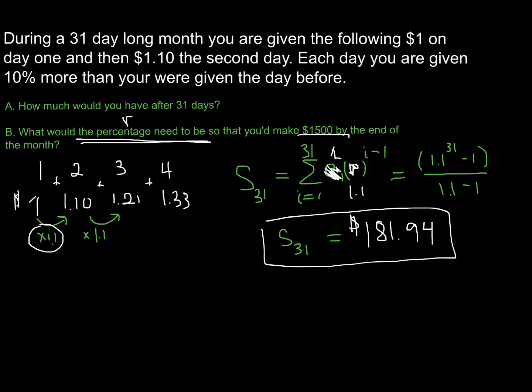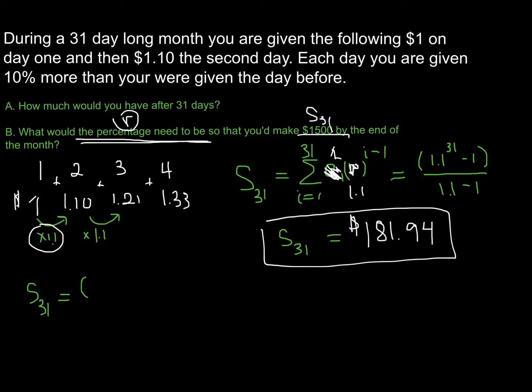And this total amount is just the partial sum. So this is the value that you want S sub 31 to be, and you need to figure out what the r value must be so that that happens. Now there are a couple ways we could do this, and the first thing to think about is, what is S sub 31? Well, how do we calculate it?